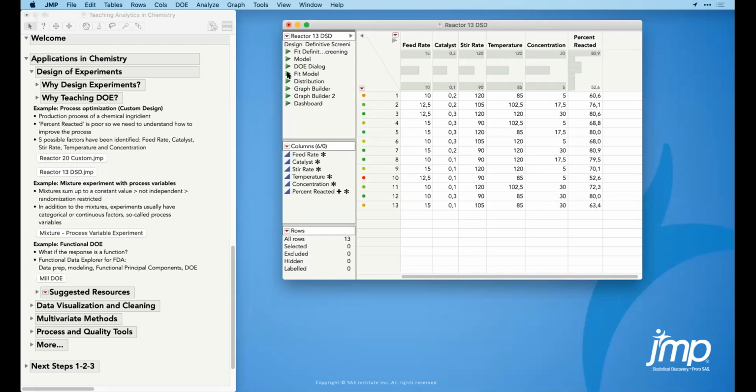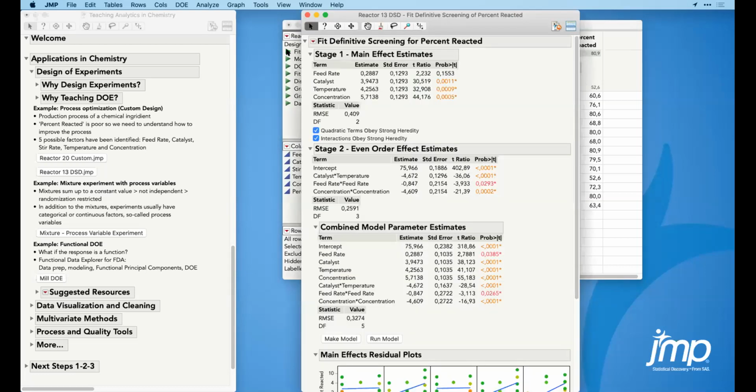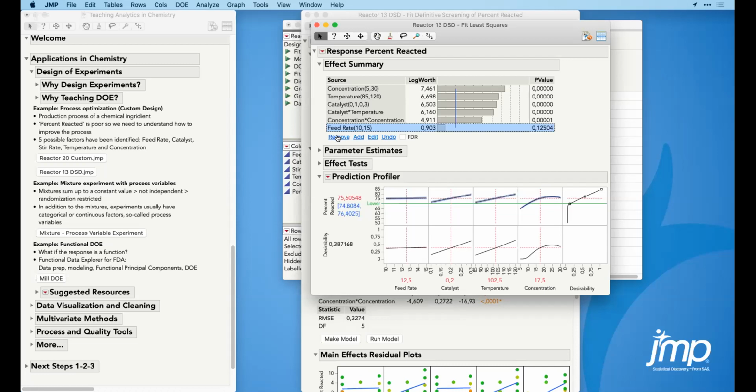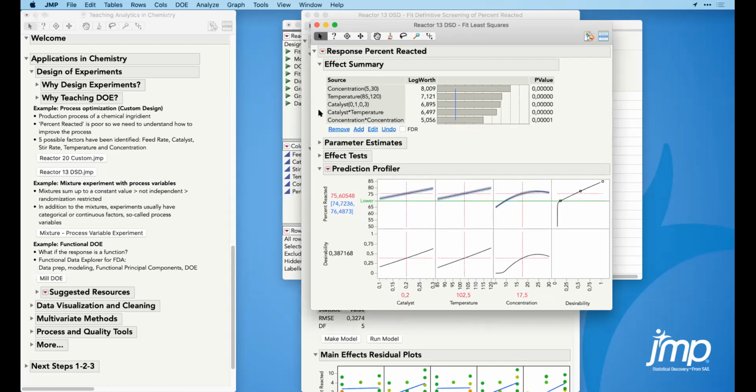If you fit the model, there's also a very efficient way to do this using the fit definitive screening platform, as soon as the experiment was done. I take the result, build a model using fit model, and you directly get to this result here. So maybe we can forget about, well, let's keep feed rate in here. Or let's remove it. So now we again have 5 effects.